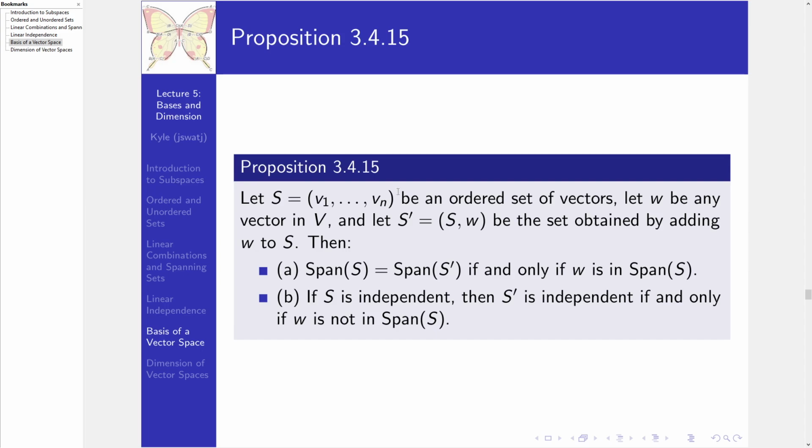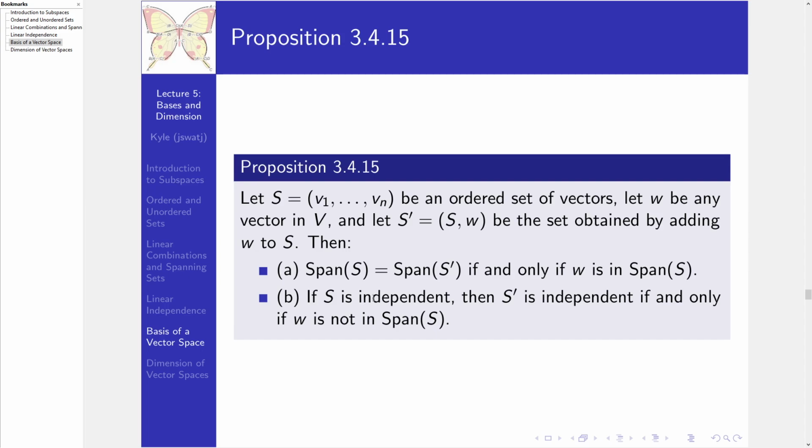Then we have that the span of S is equal to the span of this new set, adding W, if and only if W is already in the span of S. So basically, there is no new information being added to the spanning set. And then if S is independent, then S prime would be independent if and only if W is not in the spanning set.